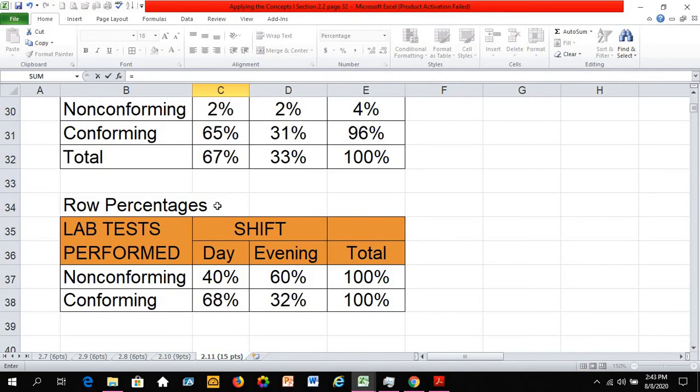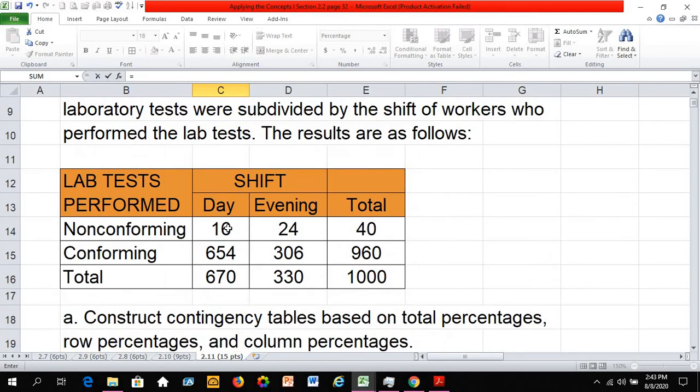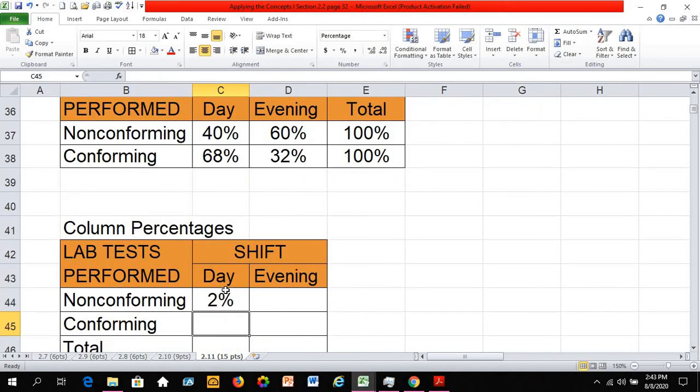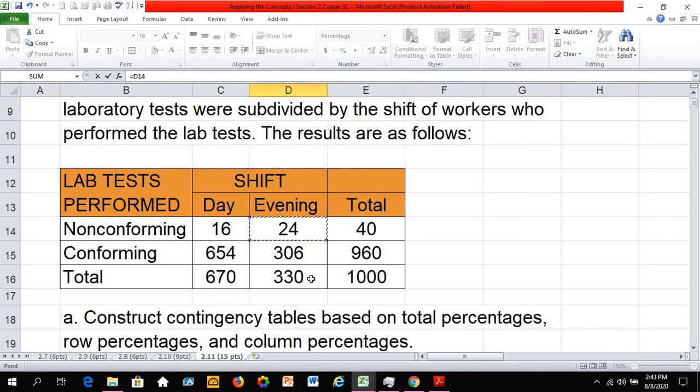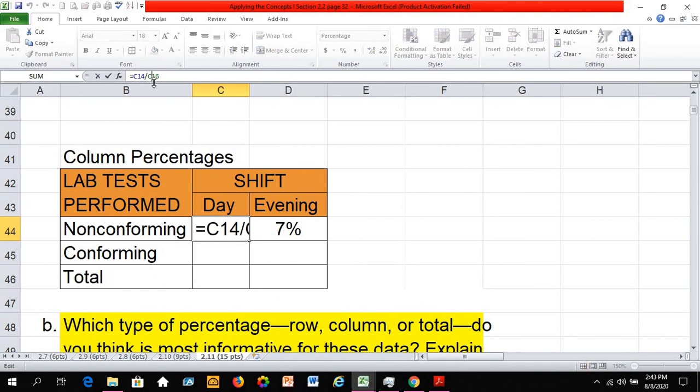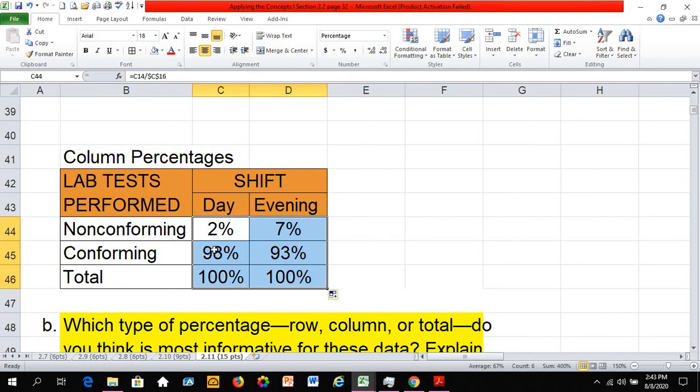Let me just show you. Press equal sign, then we have 16 divided by the divisor 670, 2%. And for our non-conforming evening shift, press equal sign, then we have 24 divided by our divisor 330, press equals. I can lock this before copying the formula. Similarly with this result, I can lock the divisor, and then I can simply highlight the cell and copy the formula.